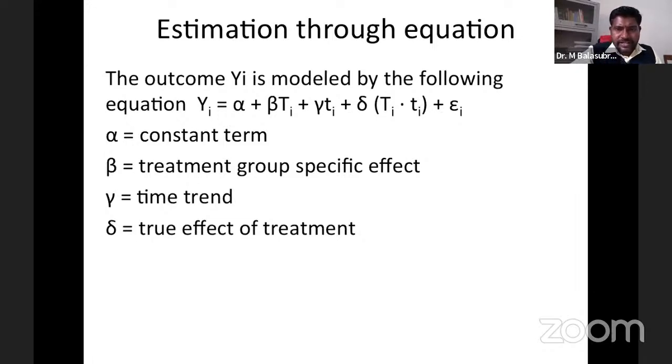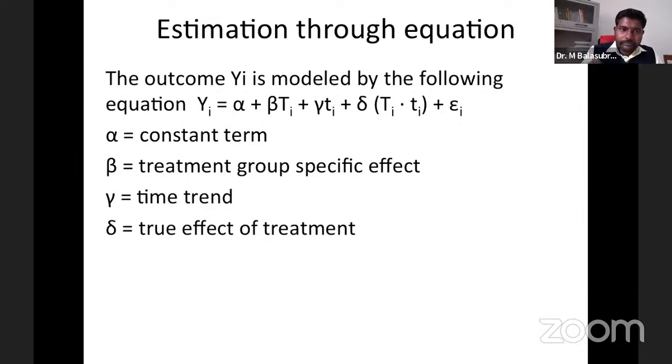Because it is the interaction between the technology and time, which both are deciding our output. The true effect of the treatment comes from this delta.